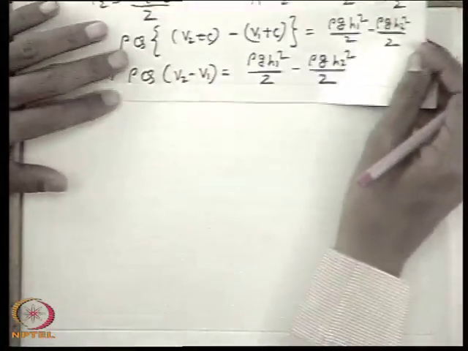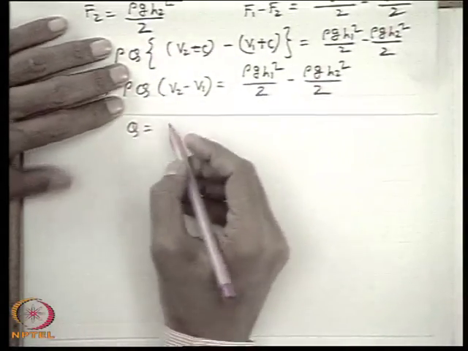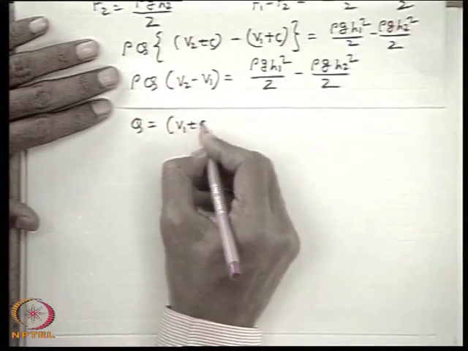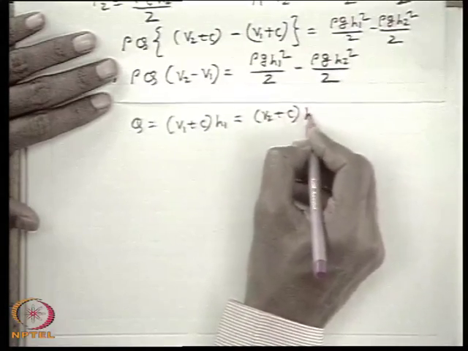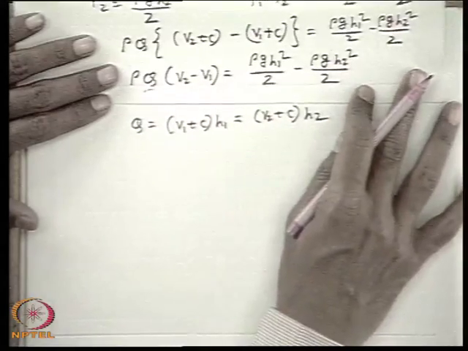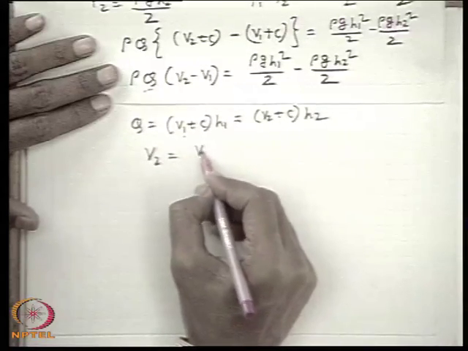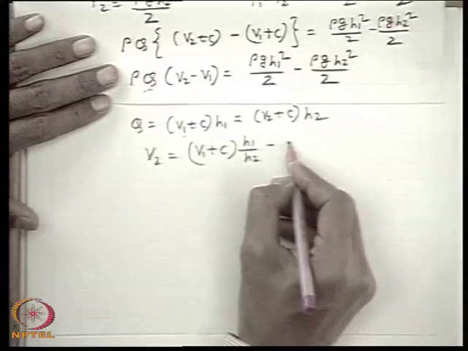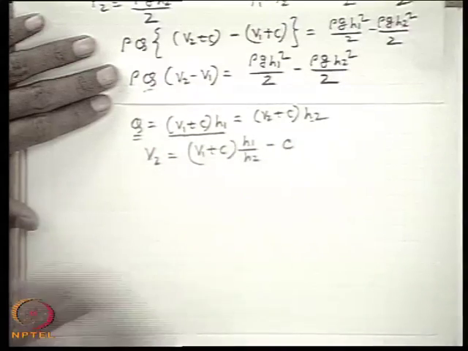Now what is Q? Q can be written as area into velocity. Therefore, Q can be written as (V1 plus C) into h1, which is equal to (V2 plus C) into h2. So if we now want to express everything in terms of V1, we will eliminate V2 in terms of V1, which is (V1 plus C) into h1 by h2 minus C, and replace Q in terms of V1, (V1 plus C) into h1, in this equation.